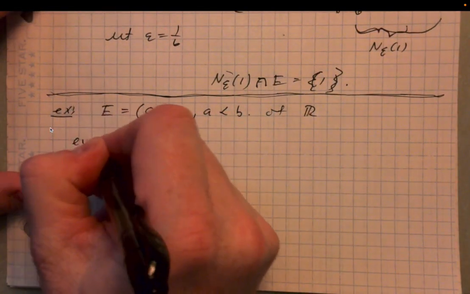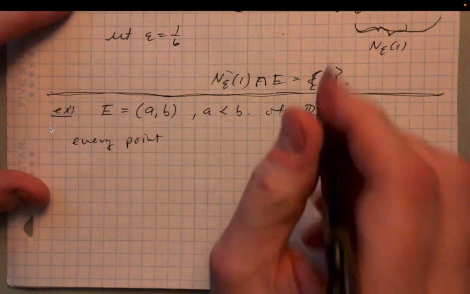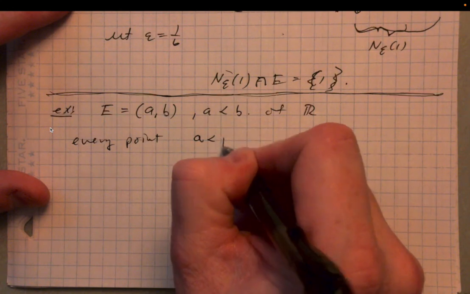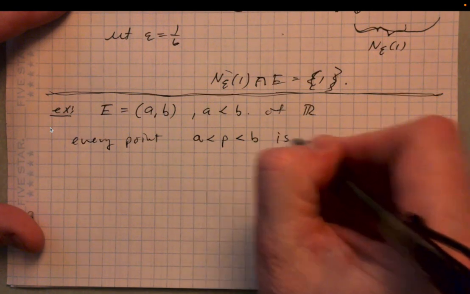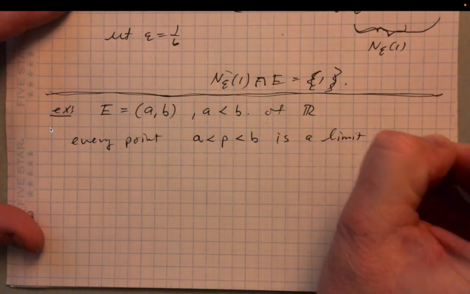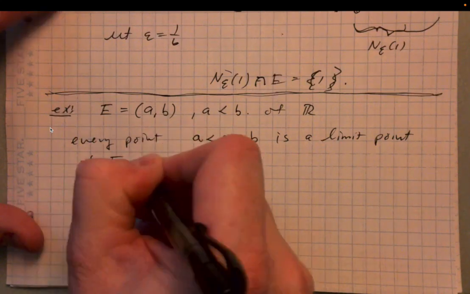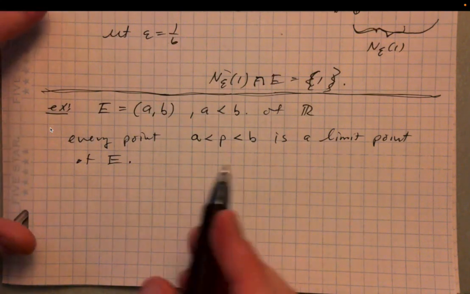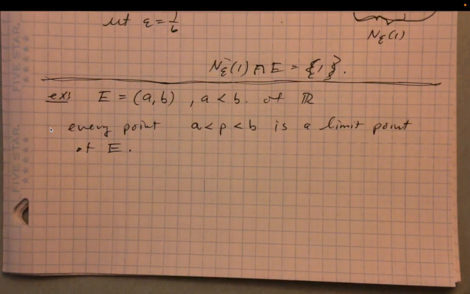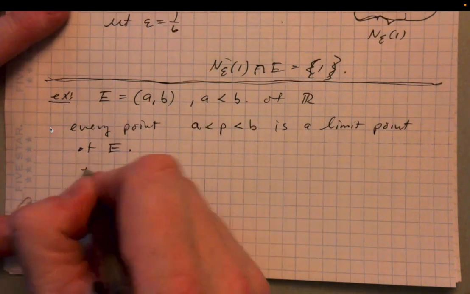So every point P between a and b is a limit point of E. This is just because we're talking about all real numbers greater than a and smaller than b, and the properties of the real numbers provide that.